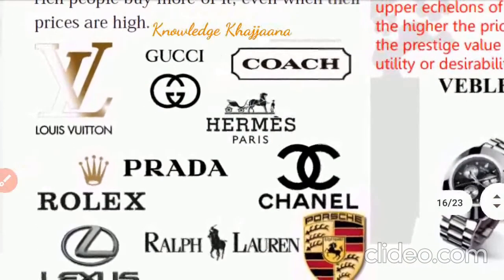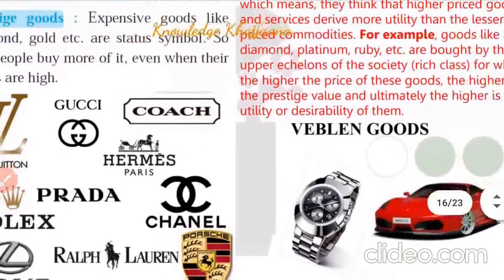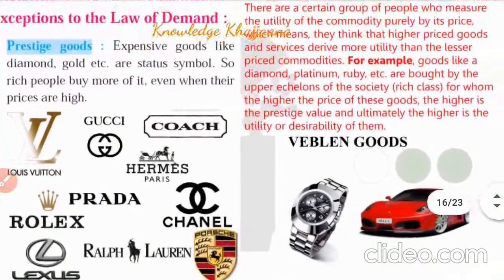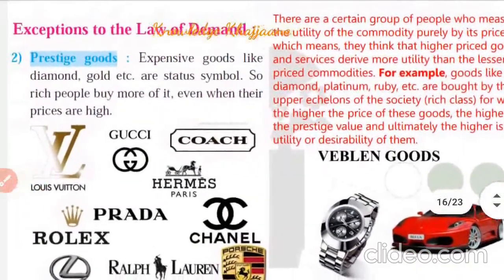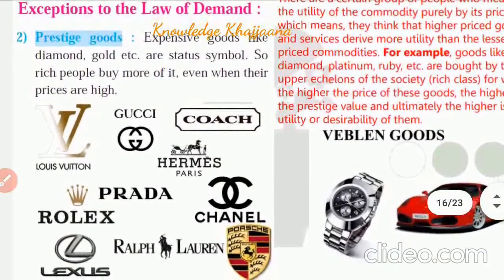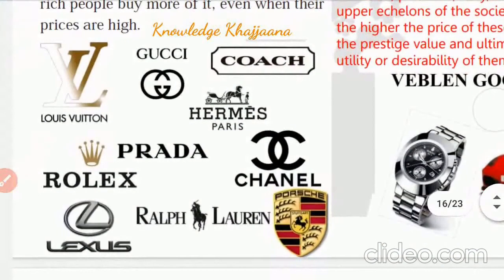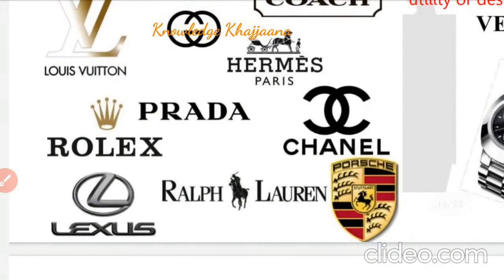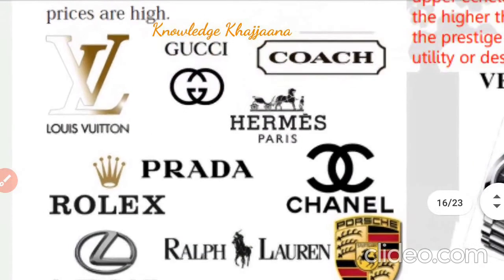They feel that the utility which they derive from inferior goods is comparatively very low, and they find the utility is more only if they use prestige goods like branded goods. These are the different brands shown: the watch of Rolex, Lexus, Ralph Lauren, Chanel, Prada, Gucci.